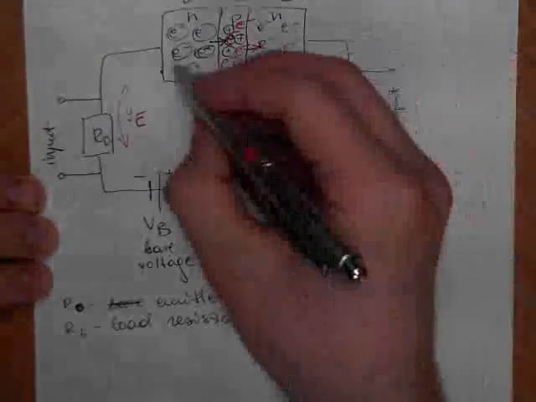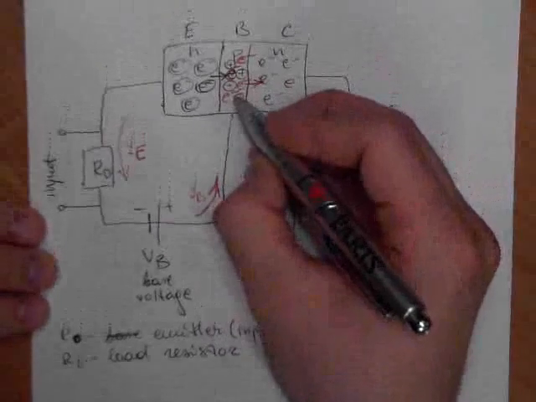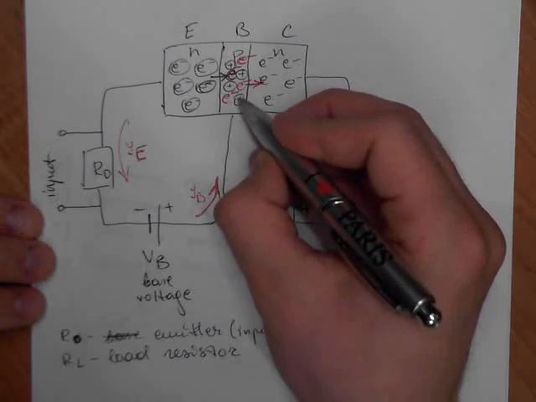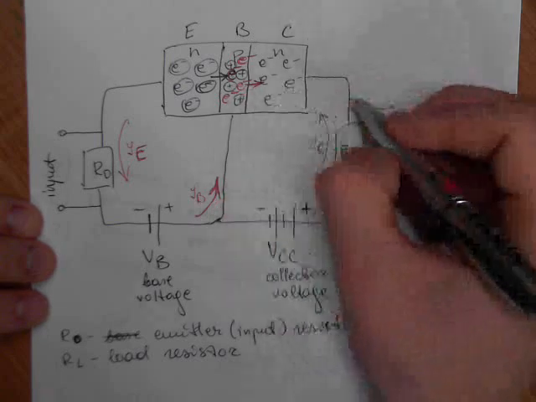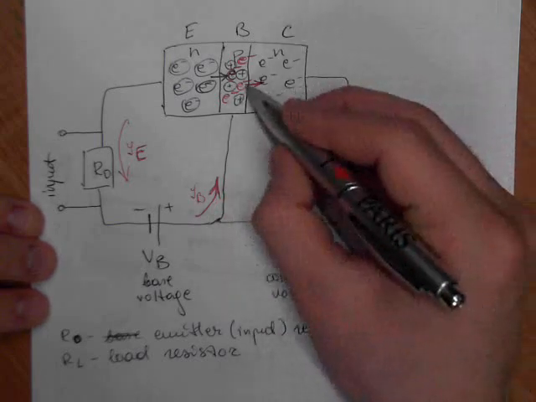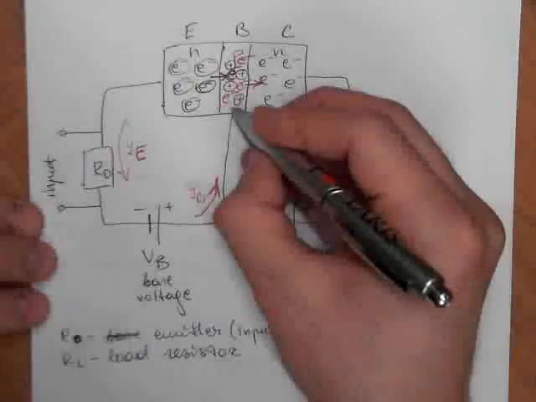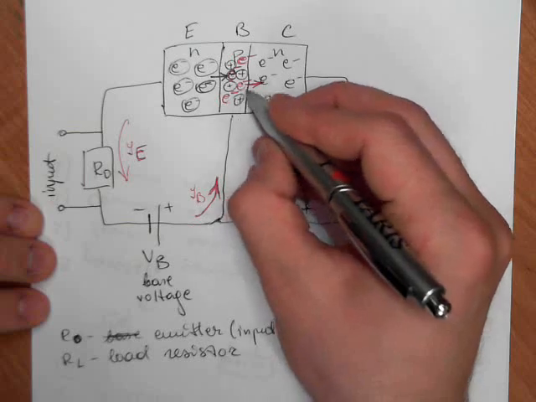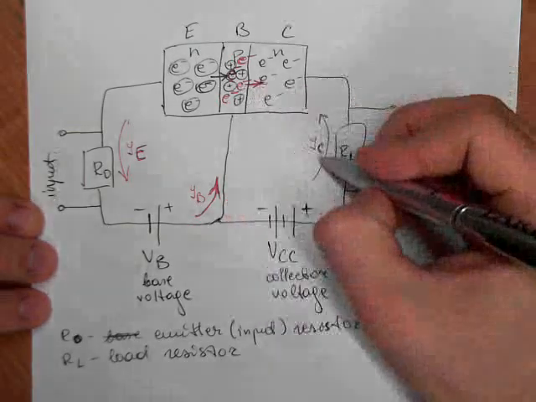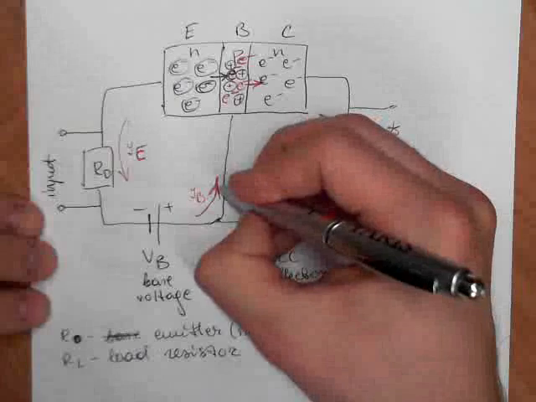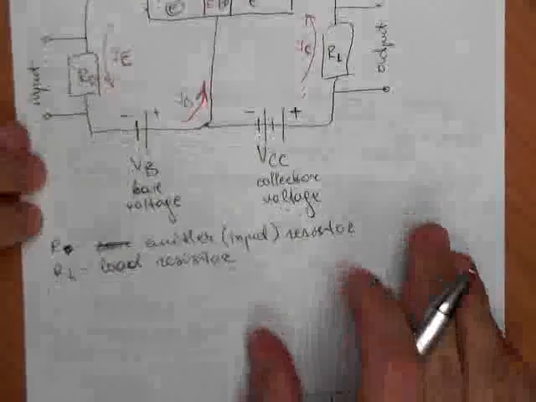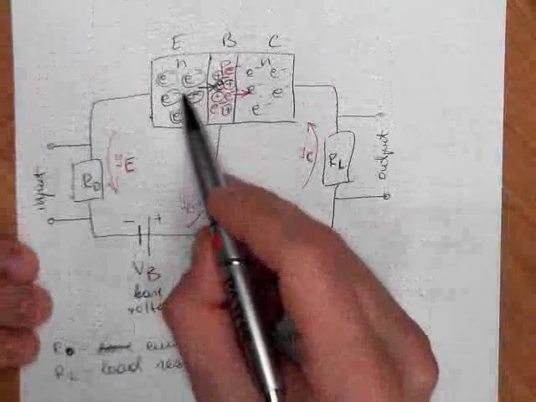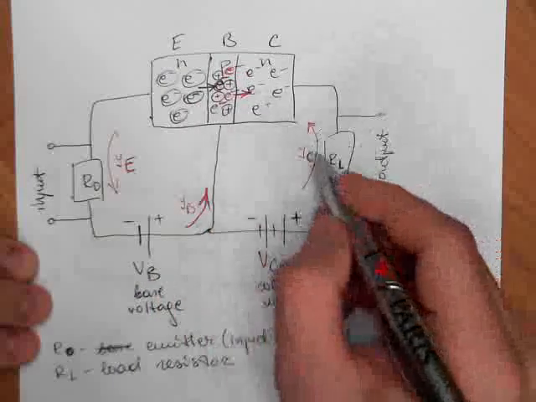Electrons enter here, some recombine with holes, but there are too few holes for all of them to recombine, and practically all of them move here. A very small leakage of these electrons don't make the collector current, they make this base current. As I say, all the electrons emitted from the emitter end up creating collector current.